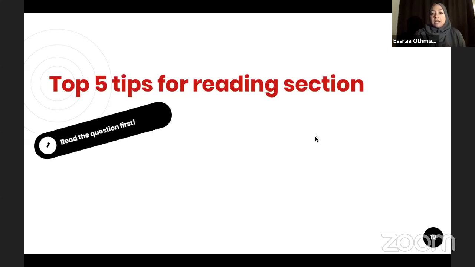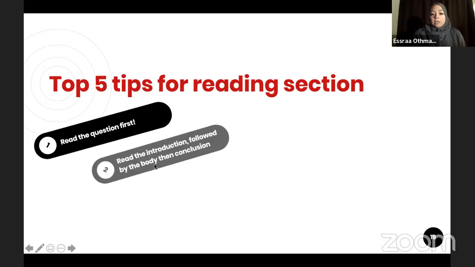Try to identify any keywords that can help you in finding the answer in the reading itself, okay? And it's very important to know your synonyms, because most of the questions will have synonyms for words that are mentioned in the reading article itself.